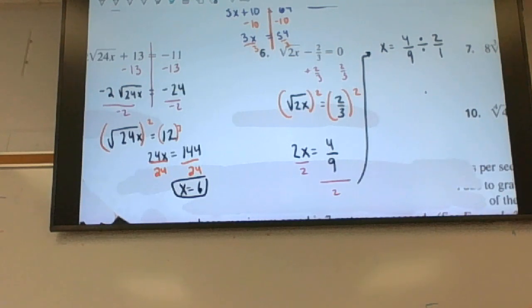Or if you do it by hand, the old school division side, 2 over 1. I don't divide fractions. Multiply by the reciprocal. So that's 4/9 times 1 over 2. So that's 4 over 18, which I would reduce to 2/9.